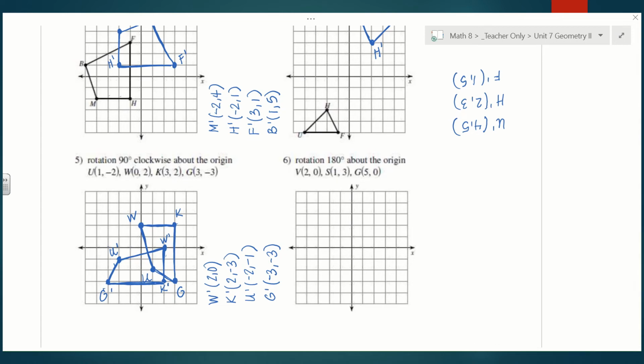So for number 6, we have 180 degrees about the origin. So I'm going to go ahead and plot my pre-image here. We have a triangle.